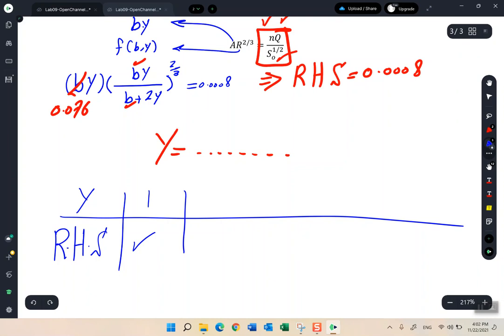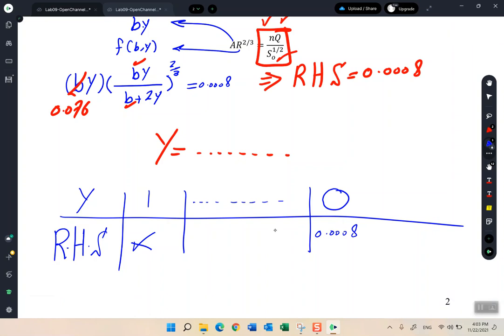You will substitute in the left-hand side. Of course, the result won't be 0.0008, so you will continue doing that until you reach the value that gives a right-hand side of 0.0008, and it shouldn't be exactly the same. If it is close to that value, it will be fine.